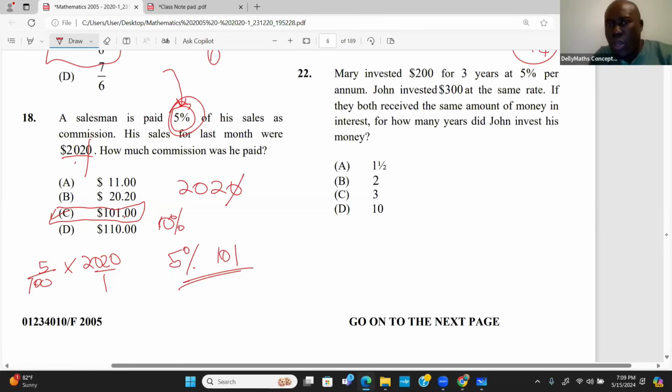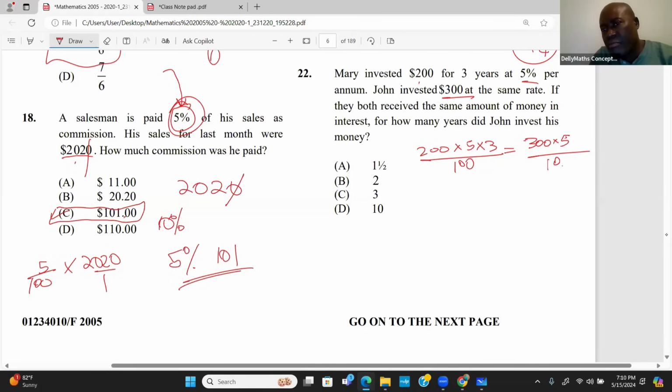So you want to set up how you work out your interest. Your interest is, Mary invested 200 times the rate, which is that, times the time, right? This is going to equal the other person's 300 here. Same rate, right? What was the rate? 5.